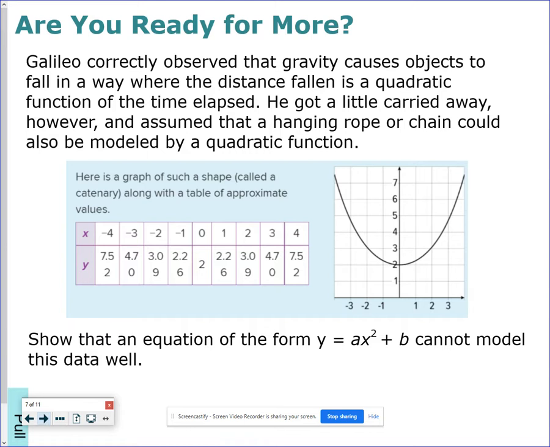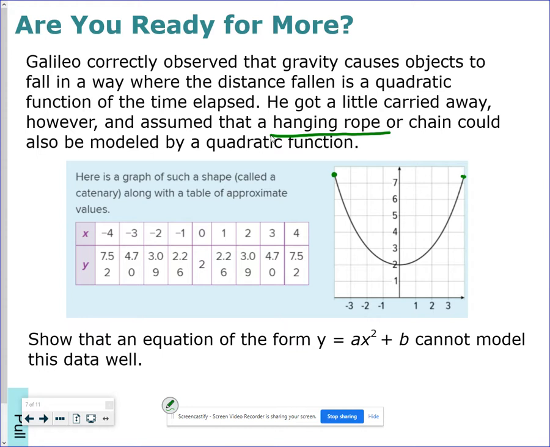And he drew this, and imagine that this is, it even says it right up here, like hanging a rope. So you've got a rope that's hung here and here, and it would sag down in the middle. Excuse me. And he thought that that would be a quadratic function. And really, truly, this looks very similar to what a quadratic function looks like, but it's not perfect.